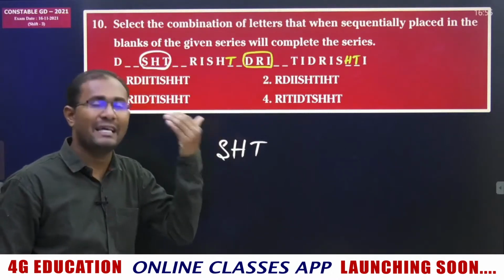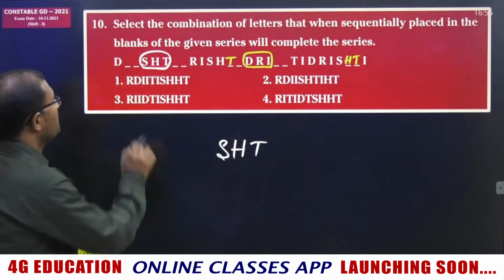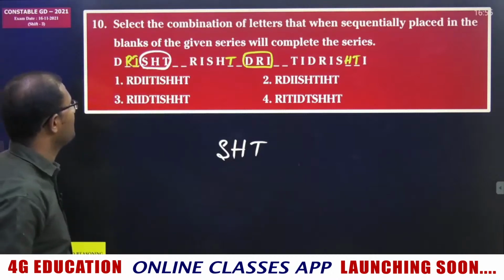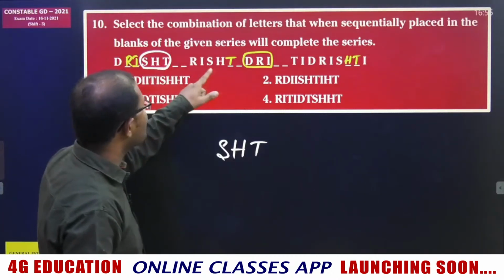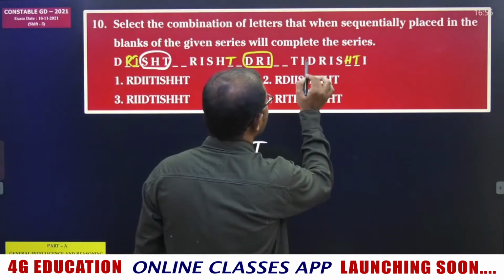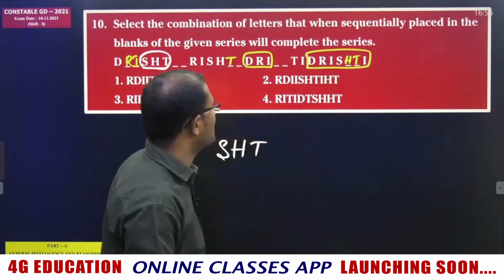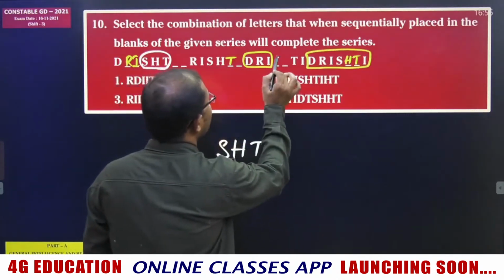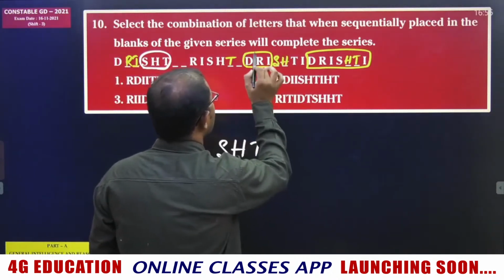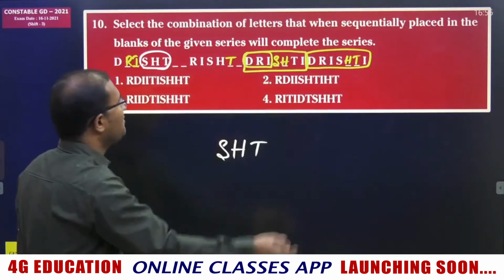Sometimes we have to expect with the help of the options, so cross check with the options. After D, I can take R and I. And after T, what is the letter we can see? Here, D, R, I, S, H, T, I. Yes, this is one repeated word, and this is the same repeated word.